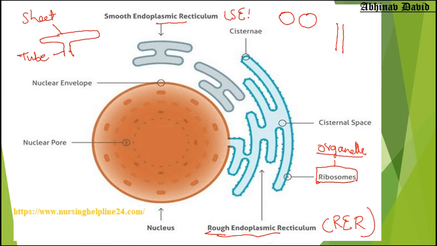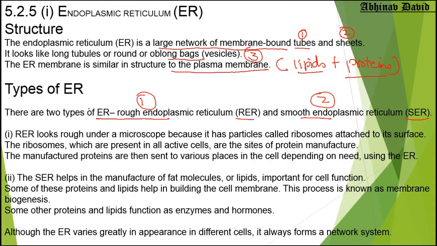So this is the basic difference between the rough and the smooth endoplasmic reticulum. RER looks rough under a microscope because it has particles called ribosomes attached to its surface. So if there are ribosomes attached to the membrane of the endoplasmic reticulum, we call it rough endoplasmic reticulum, and if there is no ribosome attached, then we call it smooth endoplasmic reticulum.